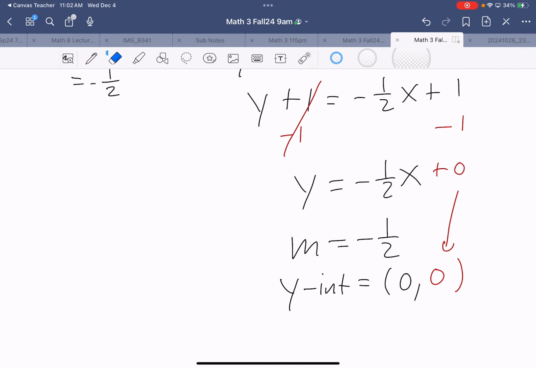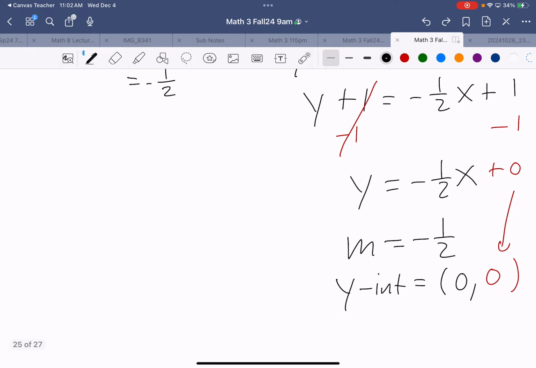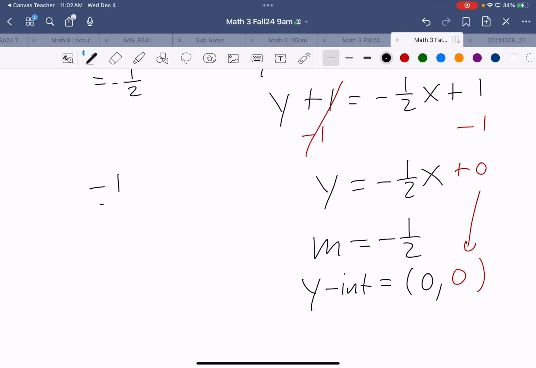And don't forget, I said when you're graphing it this way, you can either give the negative to the numerator or you can give the negative to the denominator. So negative 1 over positive 2 or 1 over negative 2. But what you cannot do is give the negative to both of them, because then that would make a positive slope versus a negative slope.